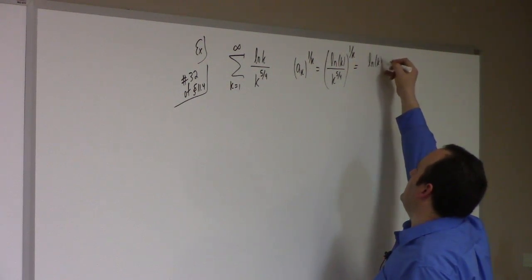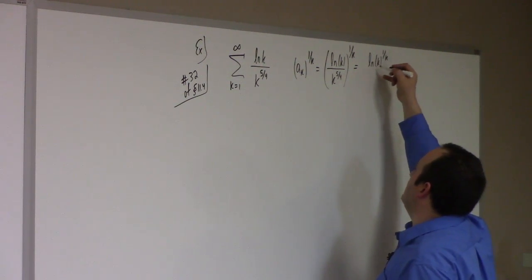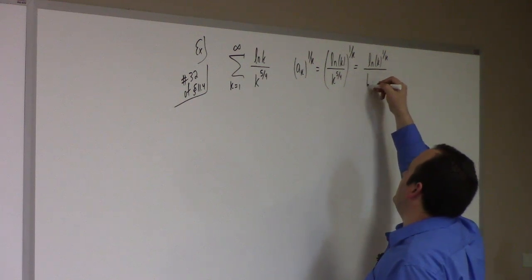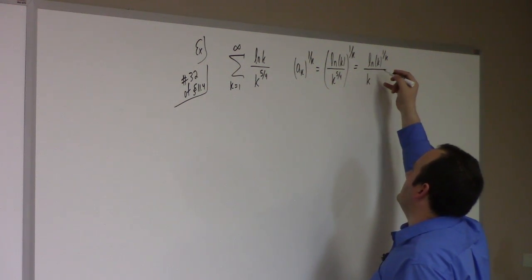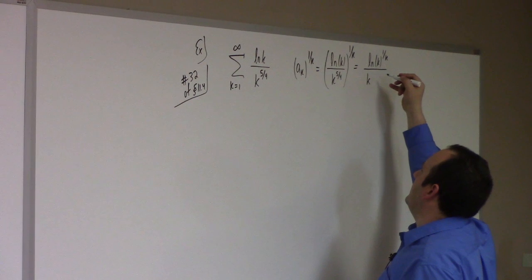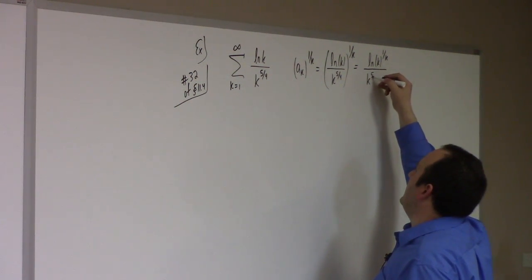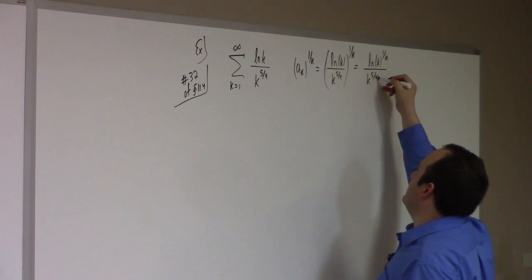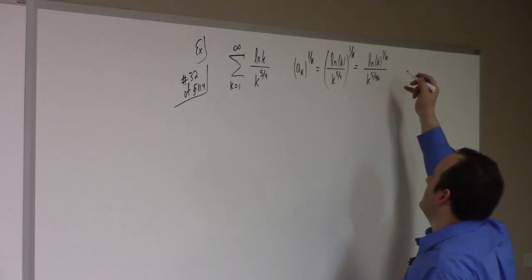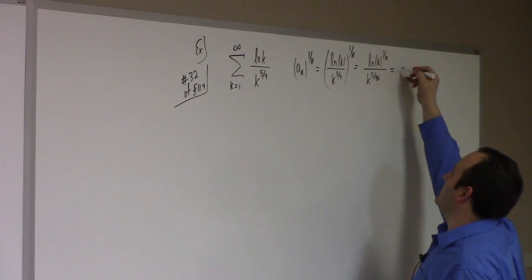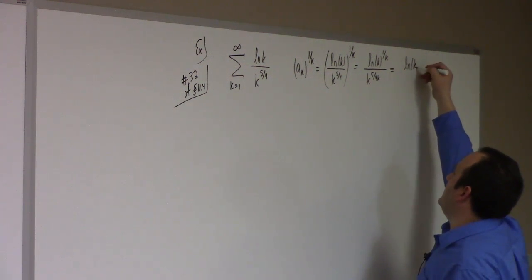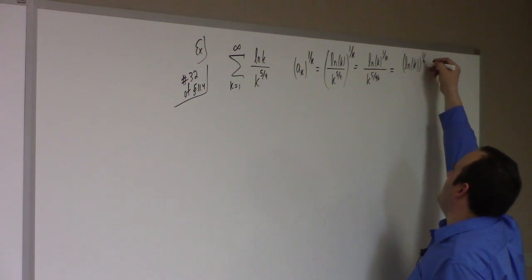Natural log of k to the 1 over k, over k to the what? Five over 4k. So in other words, that's the natural log of k to the 1 over k power.